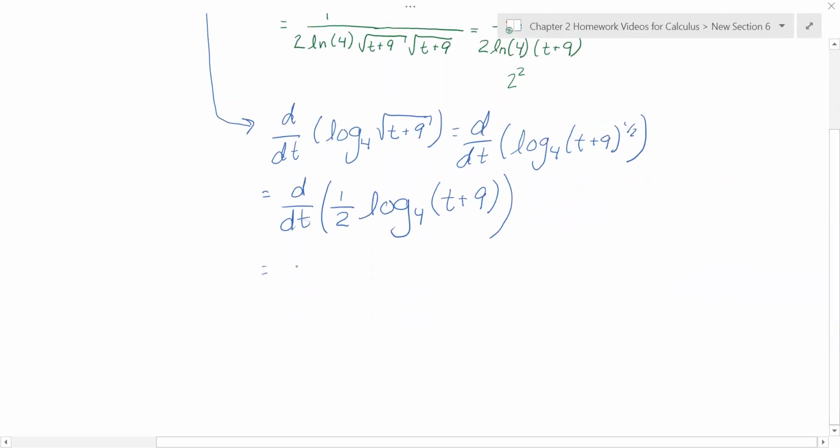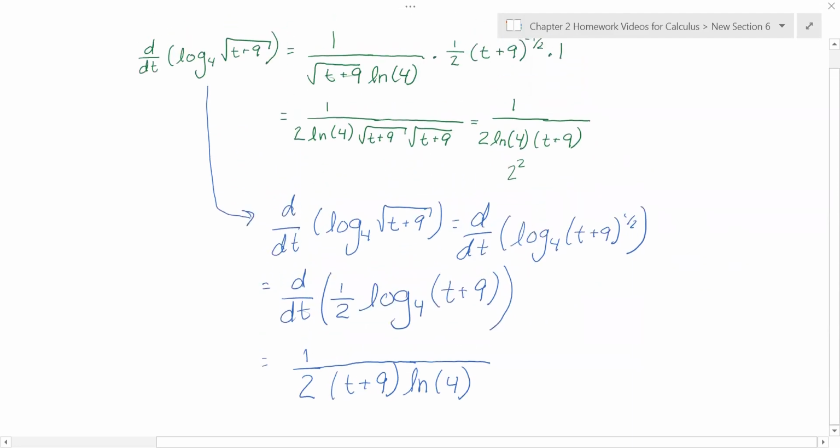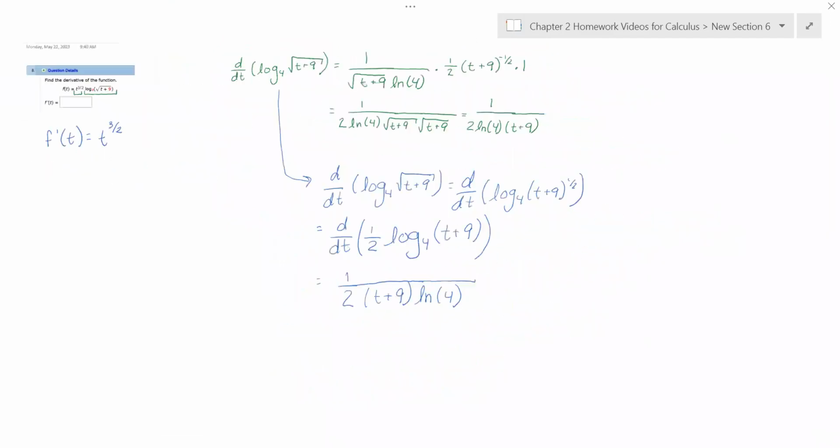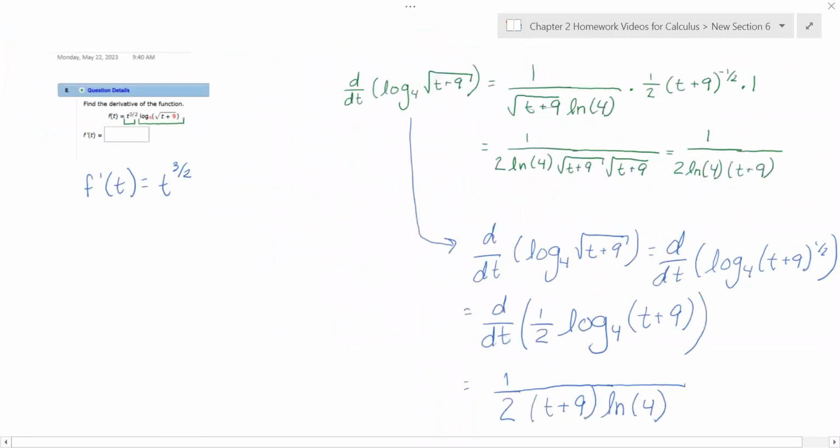And then when we differentiate that, we get the log derivative. We have 1/2 over t plus 9 times ln of 4. So you get the same result. It's just a matter of how you want to present it. And then after that, there are multiple things you can do.